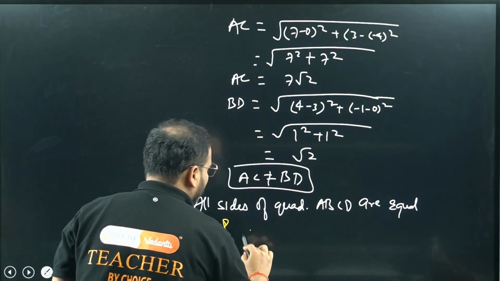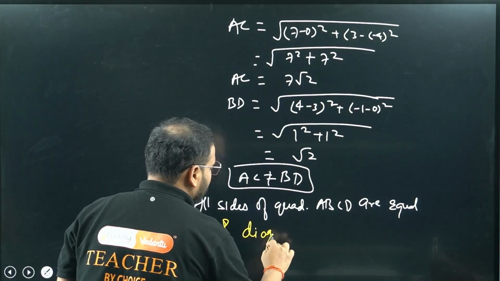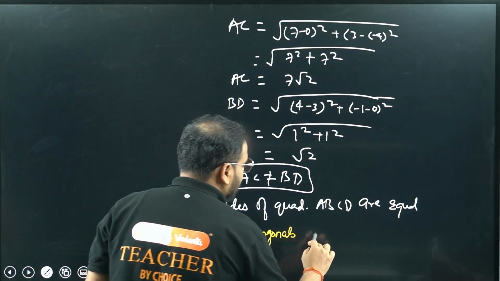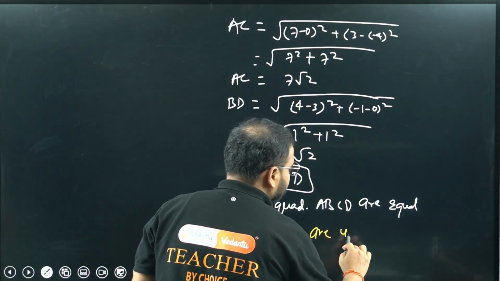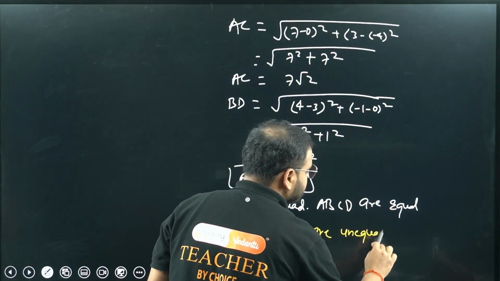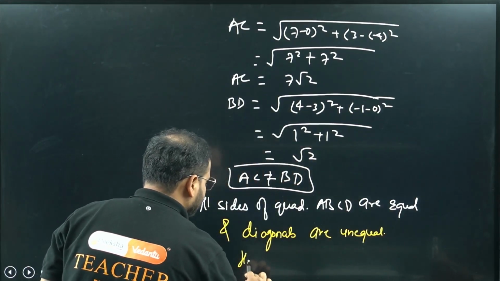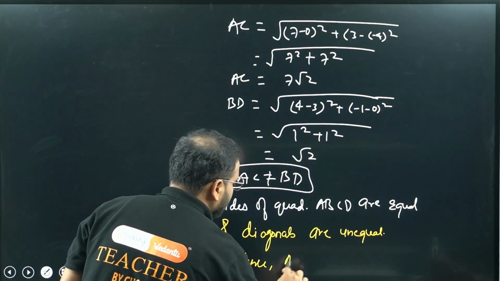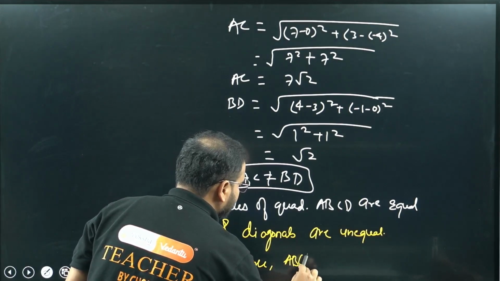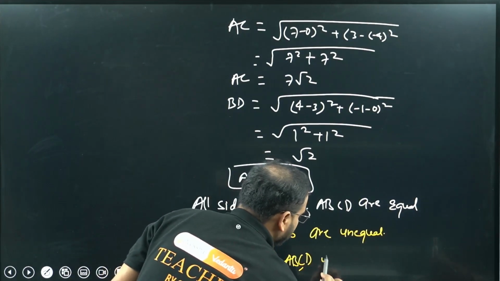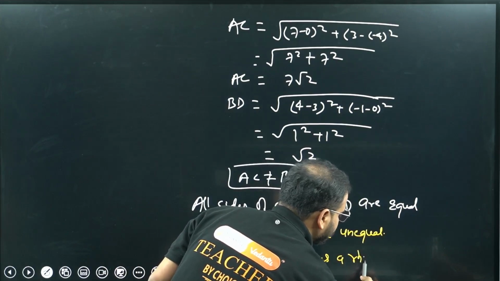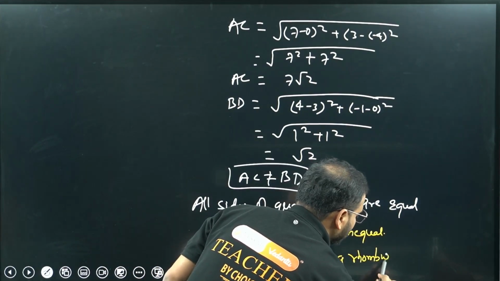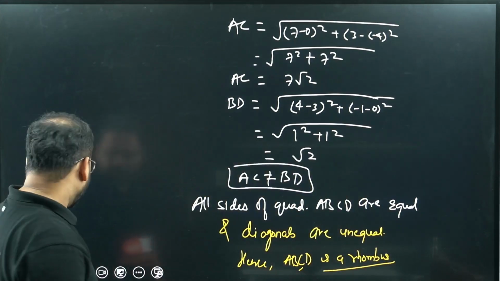And diagonals are unequal. Hence what? Hence ABCD is a rhombus. Okay, is a rhombus.